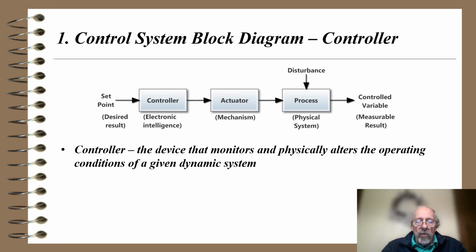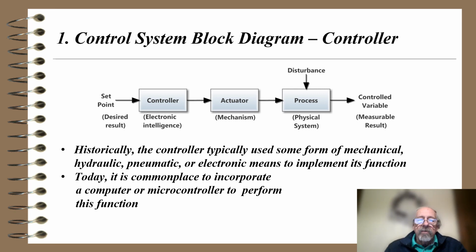What about the controller, or the electronic intelligence? Well, that's the device that monitors and physically alters the operating conditions of a given dynamic system. Historically, the controller typically used some form of mechanical, hydraulic, pneumatic, or electronic means to implement its function. Today, it is commonplace to incorporate a computer or microcontroller to perform this function.